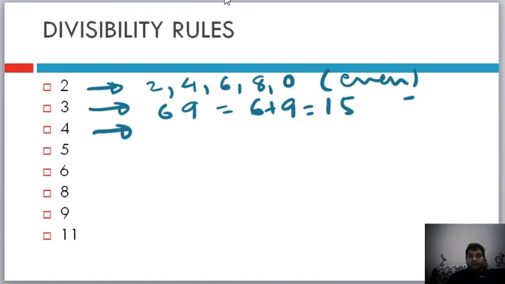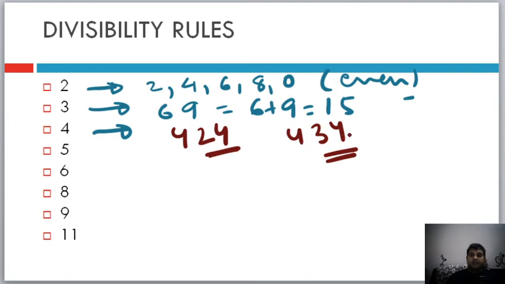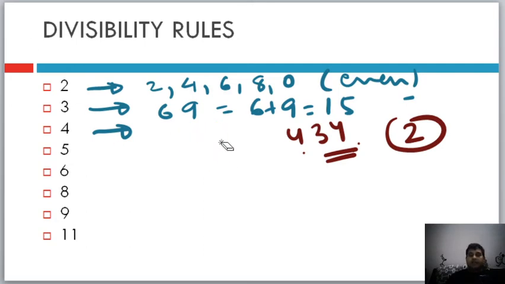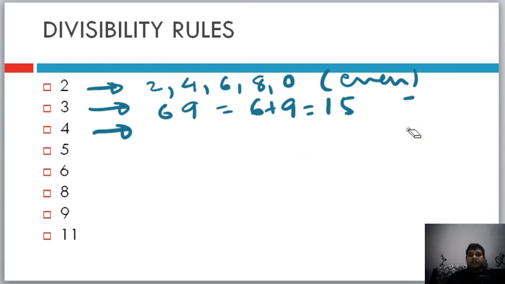So let me give an example. 424. Okay, last 2 digits 24, it's divisible by 4, so the number will be divisible by 4. 434, last 2 digits is 34, which is not divisible by 4 because it leaves a remainder of 2. So 434 is not divisible by 4. Okay, so it is that simple. And for numbers up to 2 digits, you can directly divide and see if it is divisible by 4 or not. The rationale behind it I will tell you later.